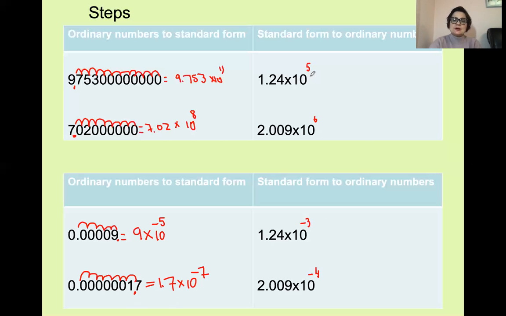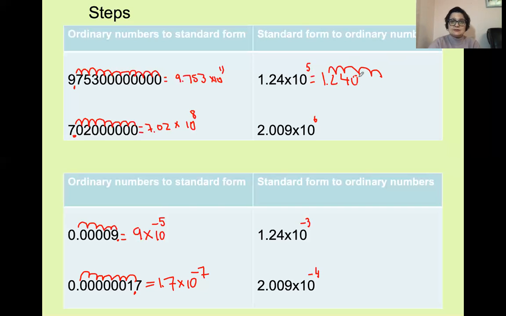Okay, let's change this one from standard form, as you see, to ordinary numbers. So let's write the number as it is, 1.24. And now you need 5 digits after this decimal point. So 1, 2, 3, 4, 5, and stop.